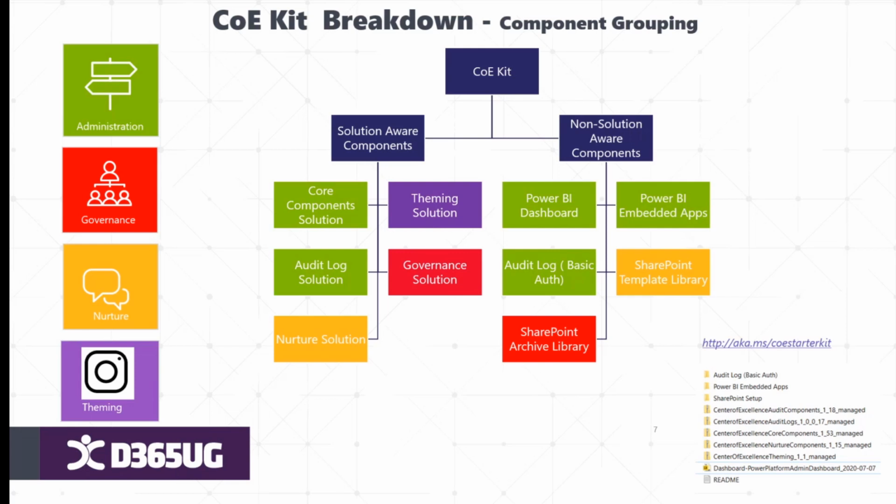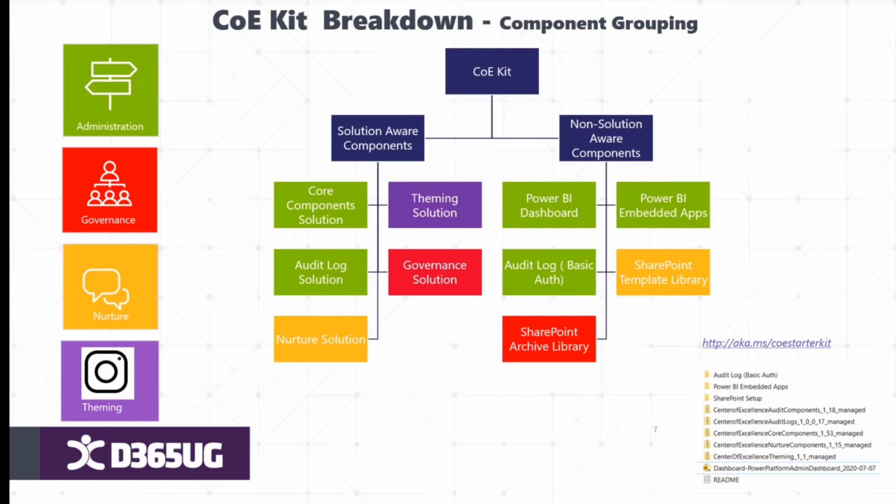Going back to that point, administration has the core component solution. You have the audit log solution, and then there are non-solution aware components, as in the Power BI dashboard, and a couple of Canvas apps that have to be embedded within the Power BI dashboard, which are also available as part of the COE toolkit. So you have to configure them so that they can be included in the Power BI dashboard.